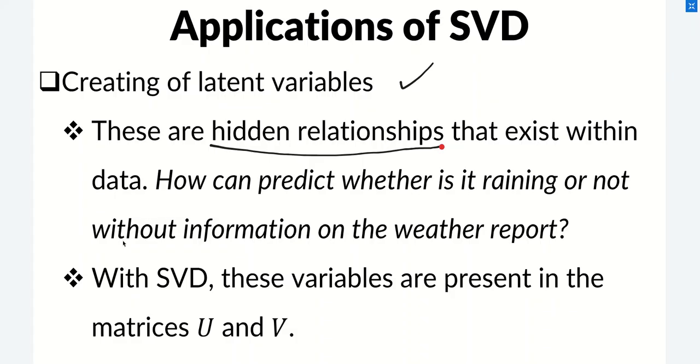Any data that you see has hidden relationships, hidden information. You can find this using singular value decomposition, with which you can create latent variables. These latent variables enable you to find this hidden relationship, and with it you'll be able to decide the outcome of your data.